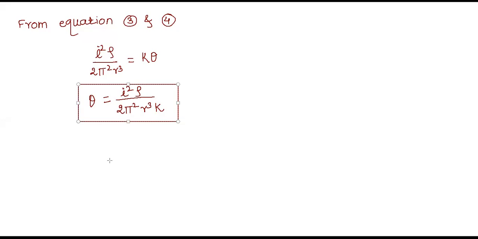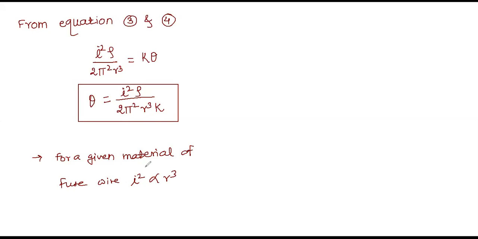So from this, what can we conclude? For a given material of fuse wire, see from this expression, I square is directly proportional to r cube.